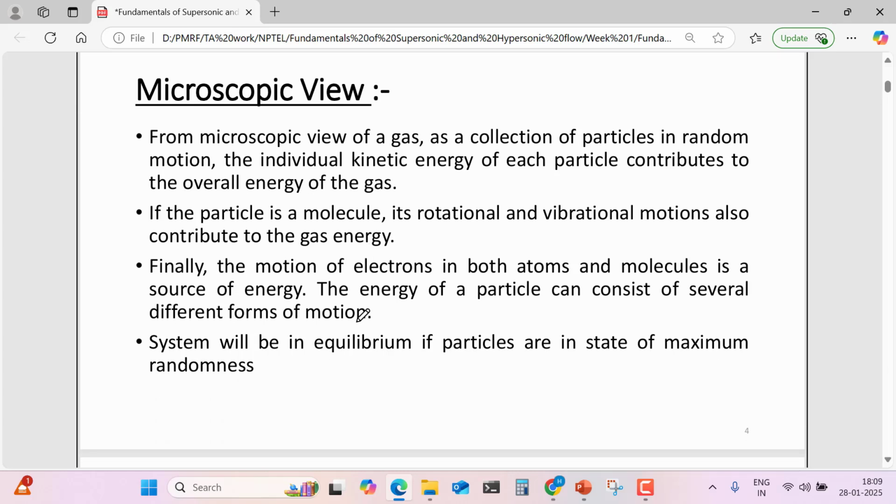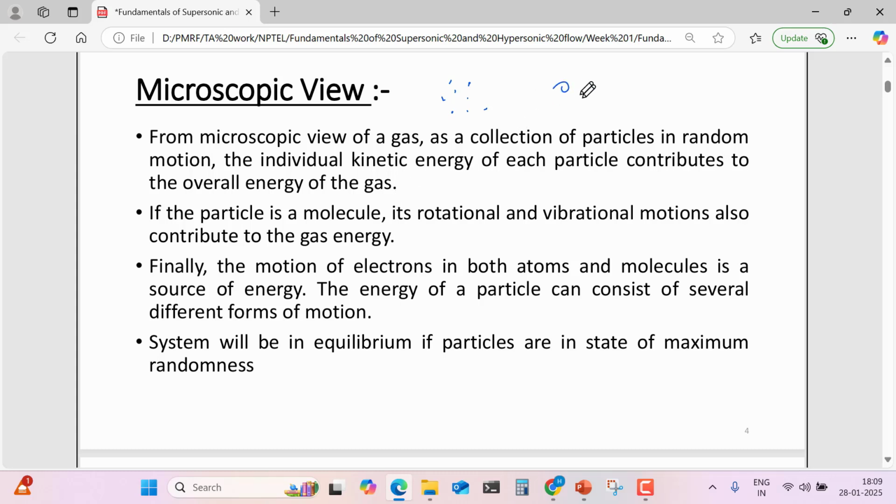So there are two views. One is the microscopic view and the other is the macroscopic view. In the microscopic view, we see each individual atom and molecule. From the microscopic view of the gas, the collection of particles are in random motion, and the individual kinetic energy of each particle contributes to the overall energy of the gas.